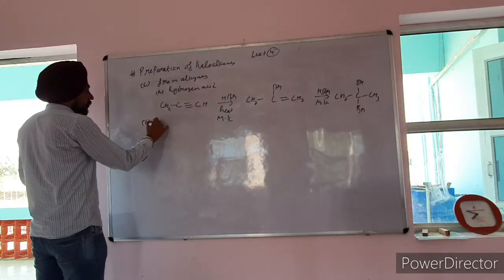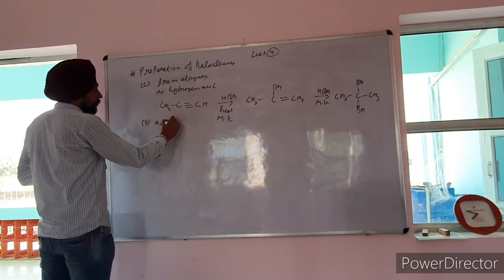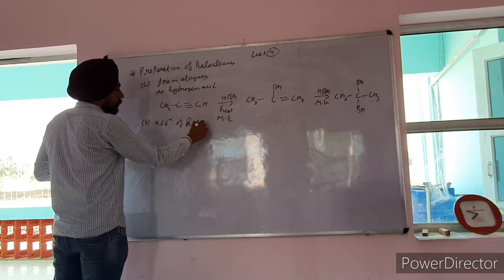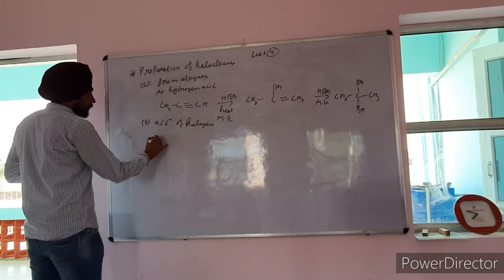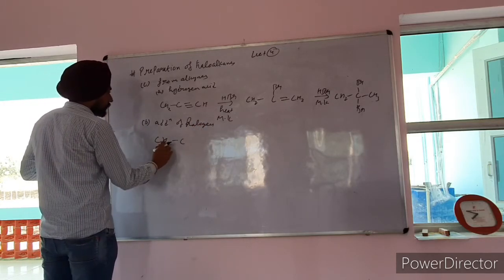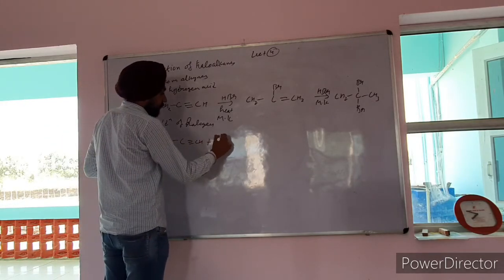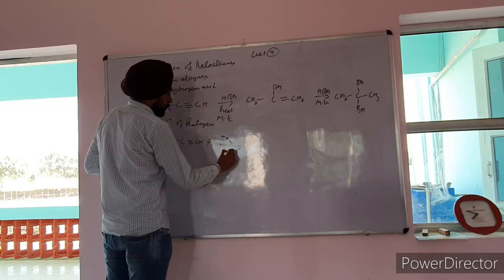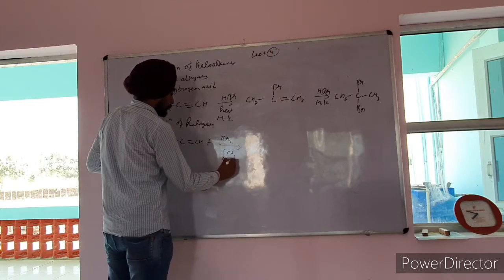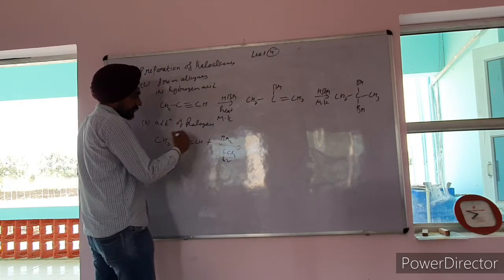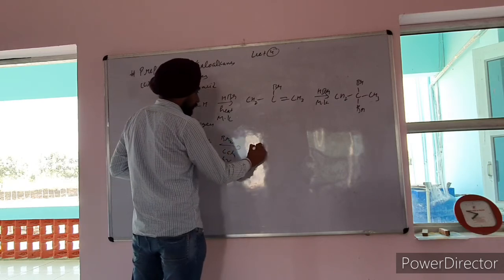The second part of the reaction is addition of halogens. Addition of halogens in this reaction is again similar to the alkenes. One Br goes to one carbon atom and another to the other carbon atom.